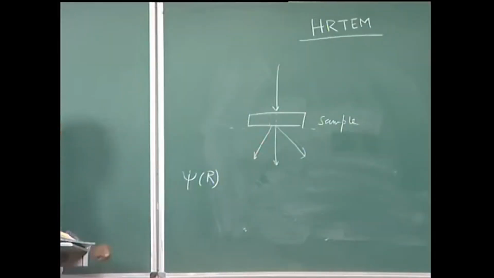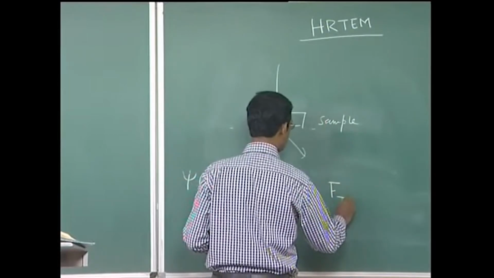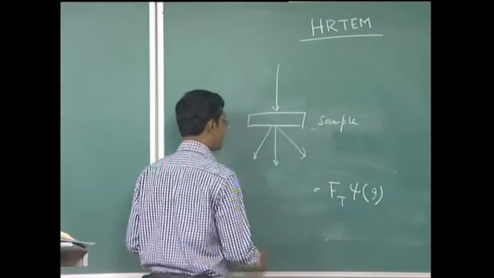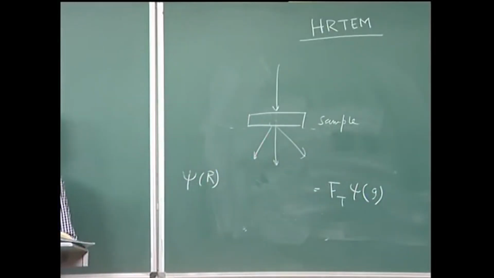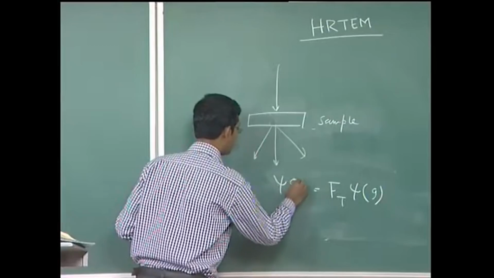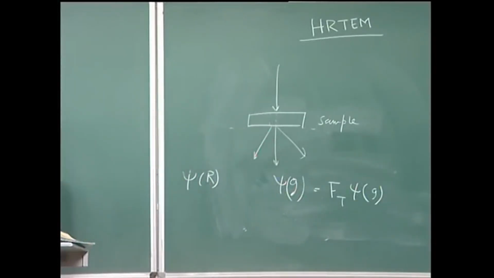If I take the Fourier transformation of this object function, this is nothing but the diffracted beam intensity. This is what Fraunhofer diffraction theory tells us from the very basic knowledge.